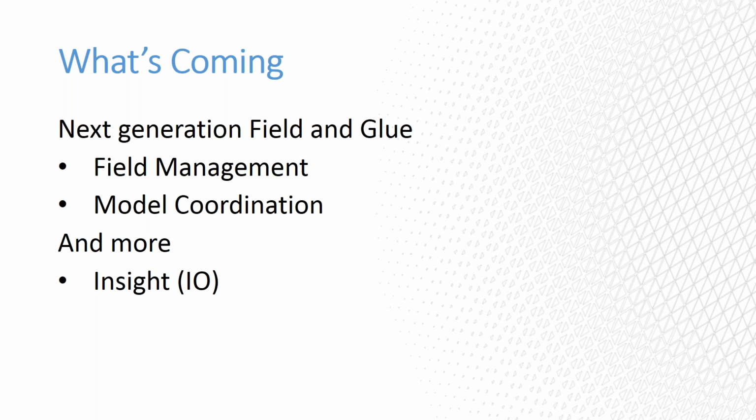The same thing is expected to happen for next generation Glue, which we'll be calling Model Coordination. With this new coordination module, we will start seeing clashes, much like Glue, but it will have more than just copying Glue; it has additional features which help you manage clash results and things like that.